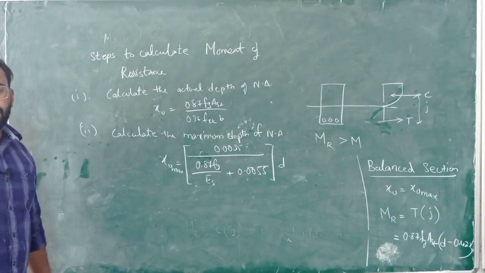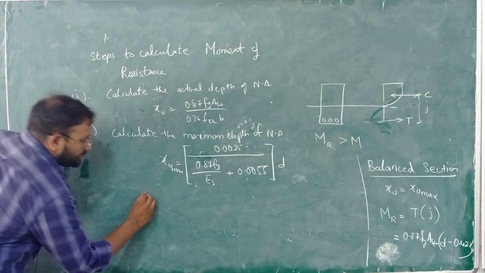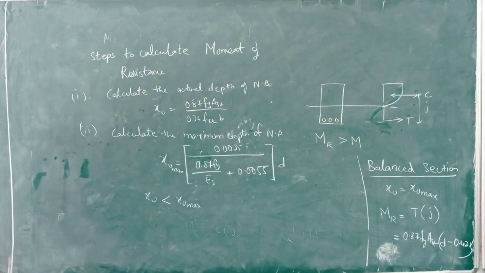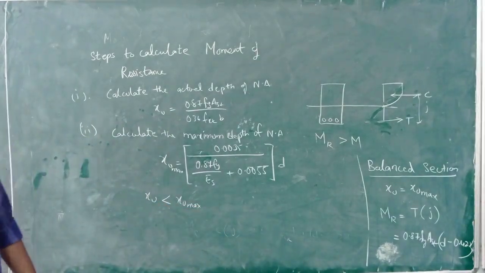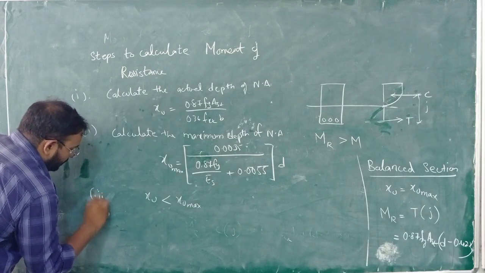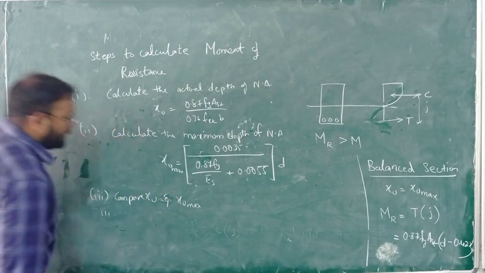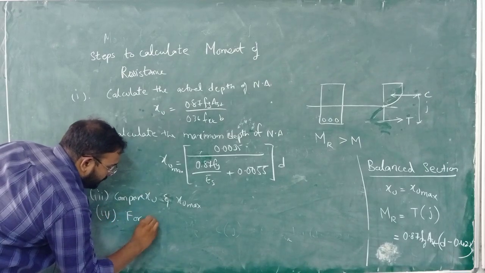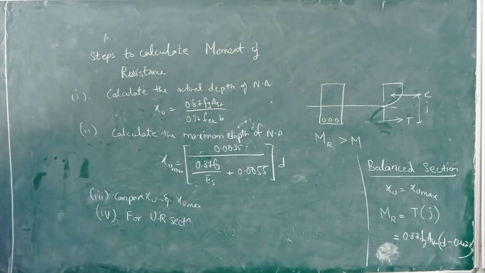This is given by the formula XU max is equal to 0.0035 whole divided by (0.87 Fy by ES plus 0.0055) multiplied by D. You will tell me it is 1 by 1.15 ES, so 1 by 1.15 will be 0.87. So these are the first two steps involved.